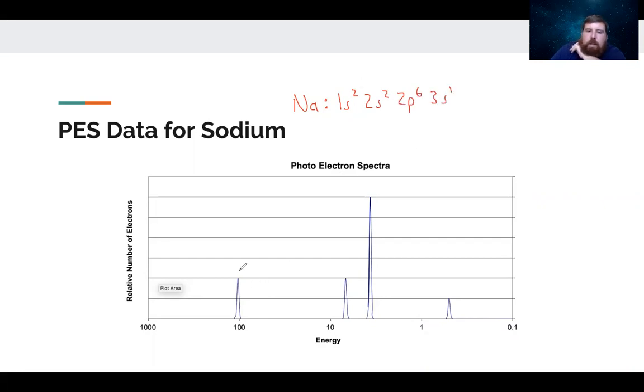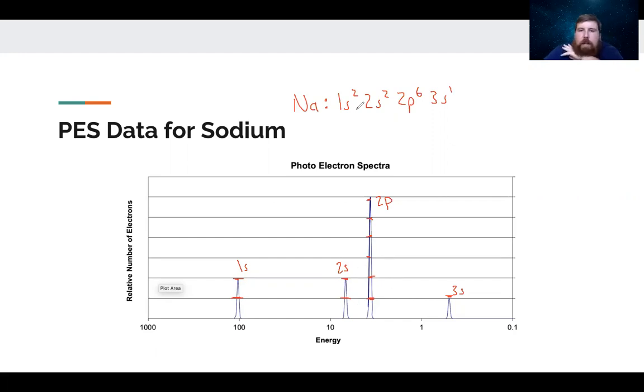And once again, you can go ahead and map onto our graph here each one of these peaks in order of energy. 3s, and it seems that each one of these lines is representative of an electron, the relative number of electrons. 2, 3, 4, 5, 6, and then 1. So it's really nice. You can actually see what the electron configuration is based off of this graph.